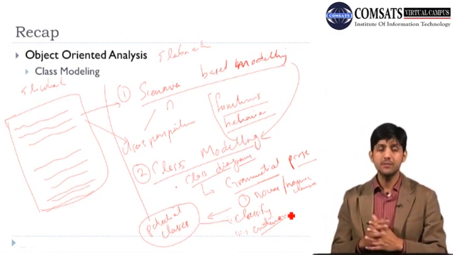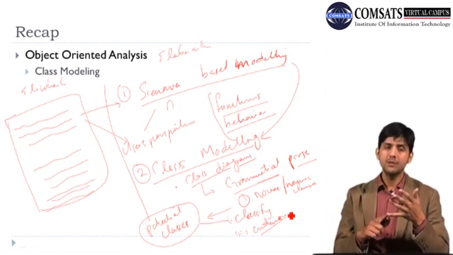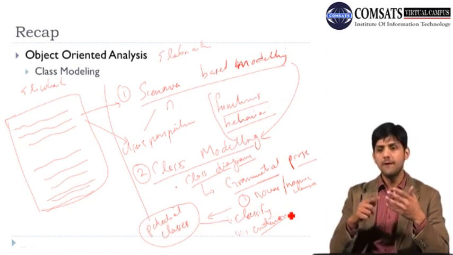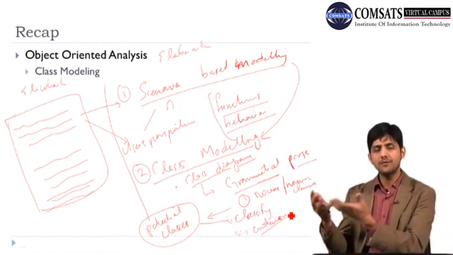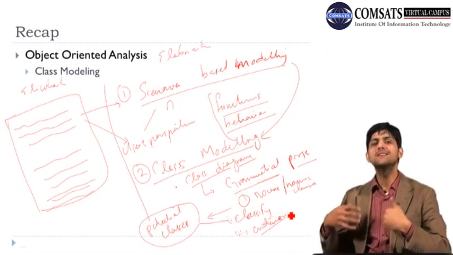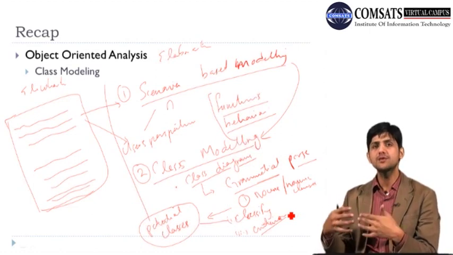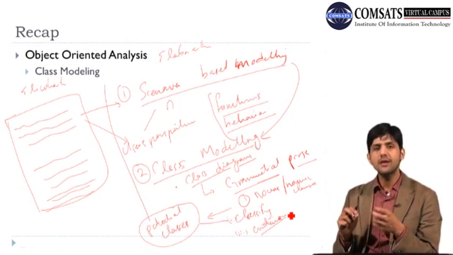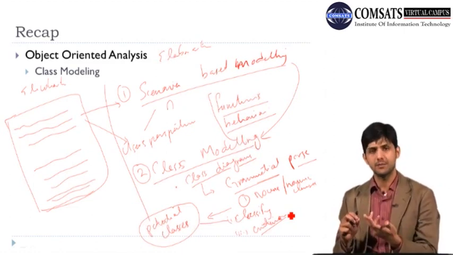We said that there are multiple criterions, and those criterions are retained information. So whatever domain class we would have in our system, there should be a need of storing some information about the instance of that particular class. Similarly, the class should need some services. The third condition was that it should not have just one attribute, it should have multiple attributes.